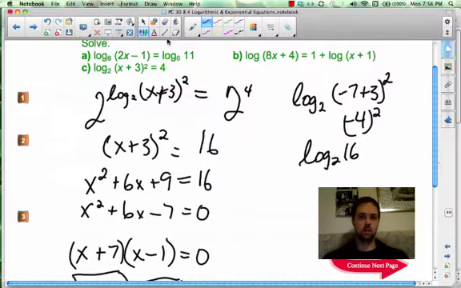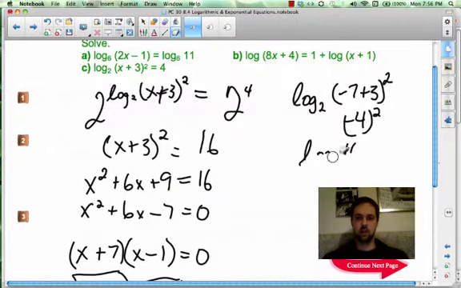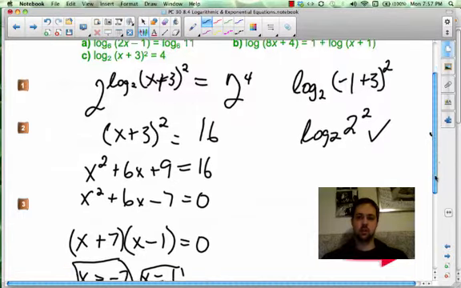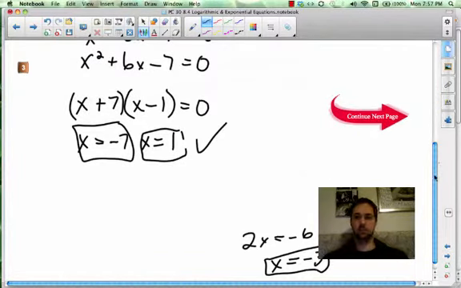So that's okay. So we accept that answer, and then try it with the other one, which is positive 1. Minus 1 plus 3 is 2, and we would be taking the log base 2 of 2 squared. And we know that this is possible as well. So both of these answers are completely acceptable.